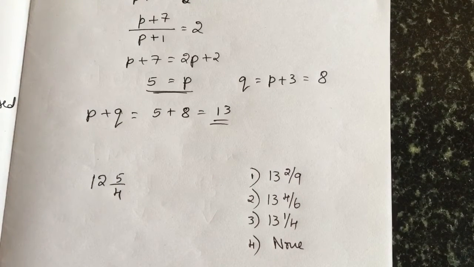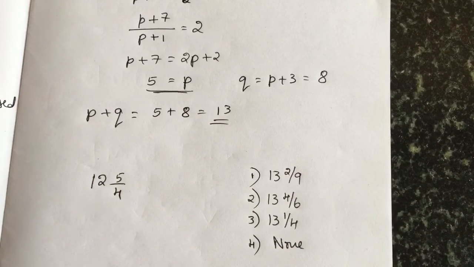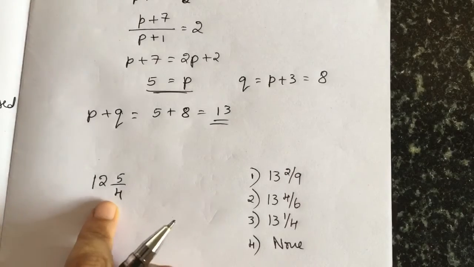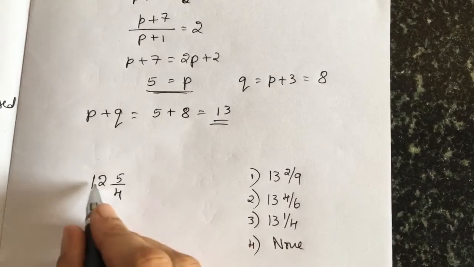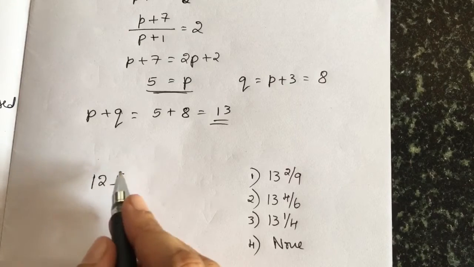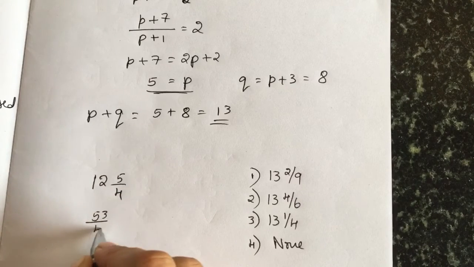Now how do we check whether this is equal to this or this? In case that is the situation, what we usually do is convert this. It's 48 plus 5, so it's the same as 53 by 4.